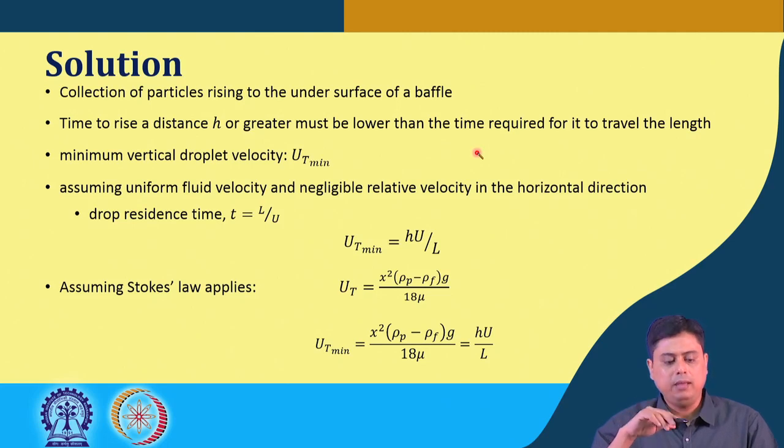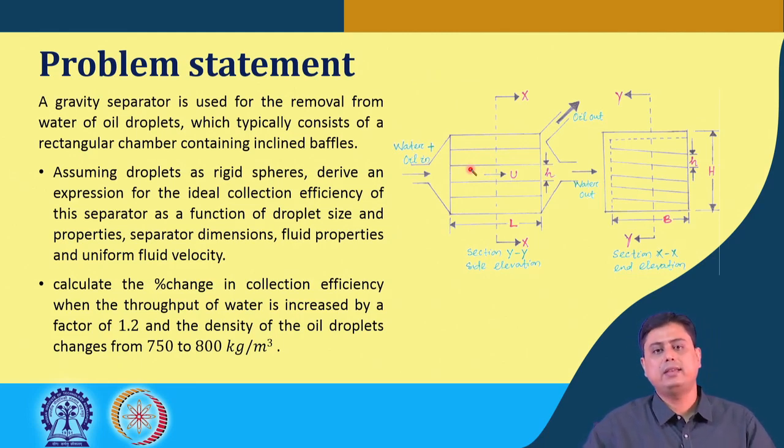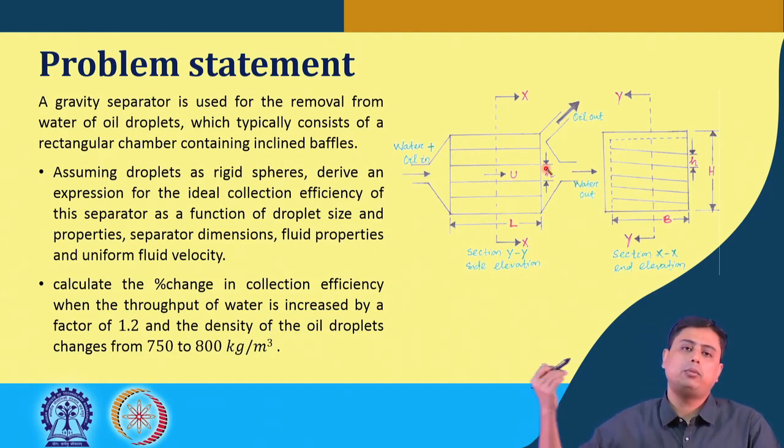The time to rise a distance h, because this is the distance between the two baffles, because the scenario can happen that one droplet is actually on the upper surface of this lower baffle, which has to be collected, or it has to stick with the upper surface of the baffle. So, this inner space of h, it has to travel before it travels this complete horizontal length. If that happens, then that droplet can be collected.